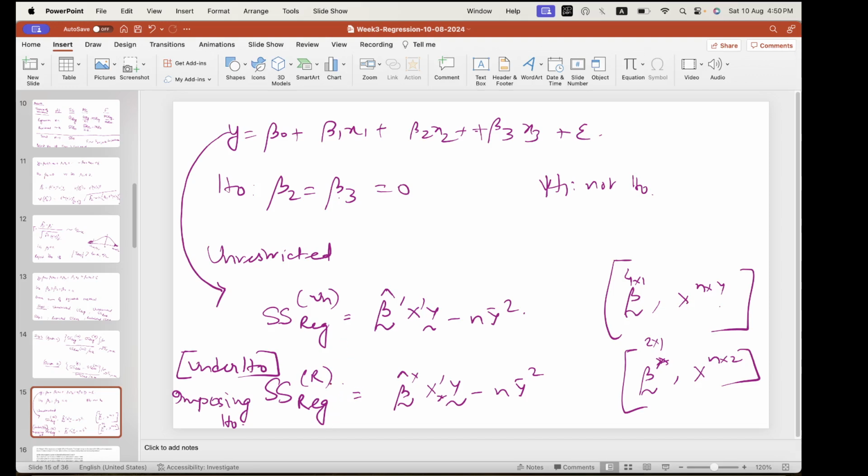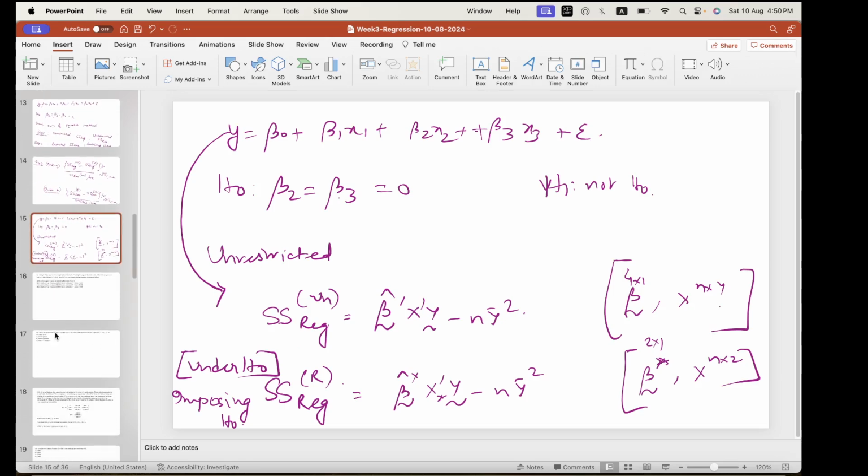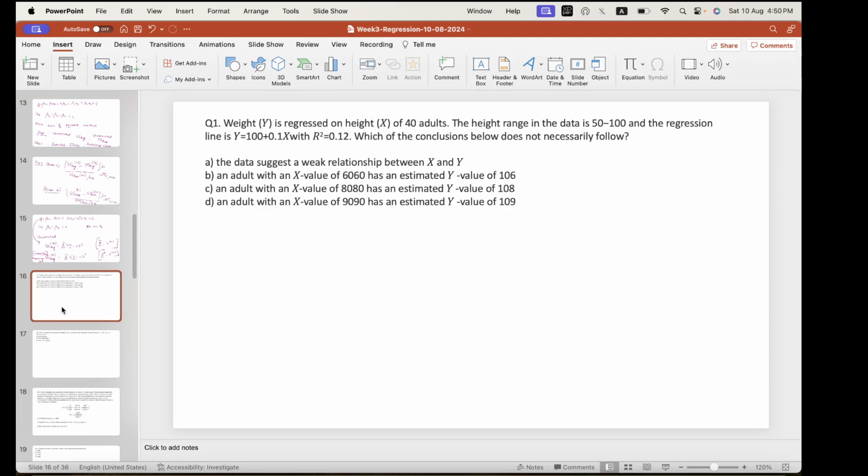But on the other hand, if we just flip it around, if we are using SS due to residuals, then for the full model the residual will be less, but for a restricted model the residual would be more. So if I have to make that difference positive, I should keep SS residuals restricted minus SS residuals unrestricted. Okay, both the formats are equivalent because SS total cancels out.